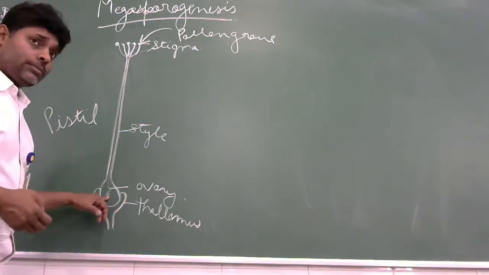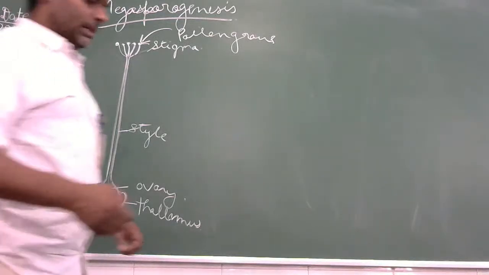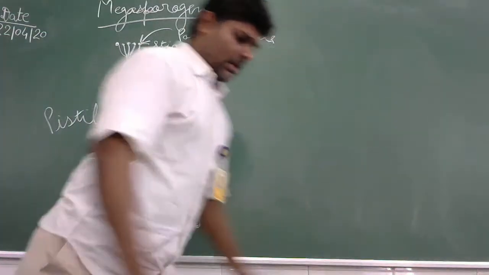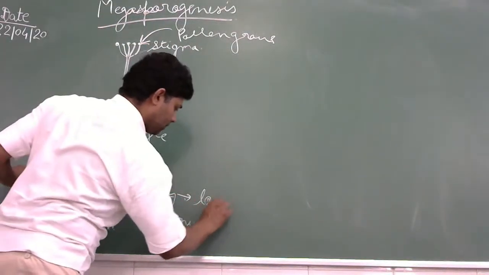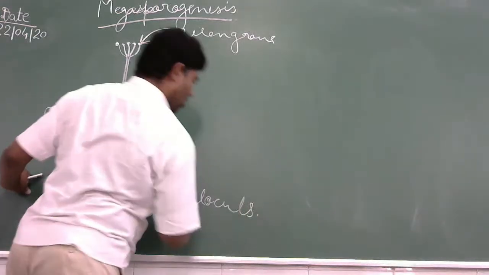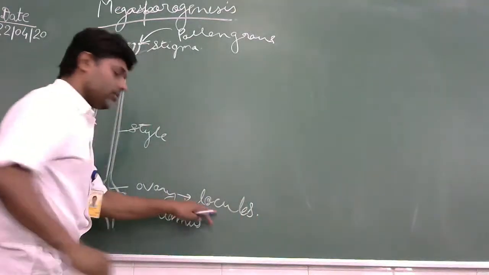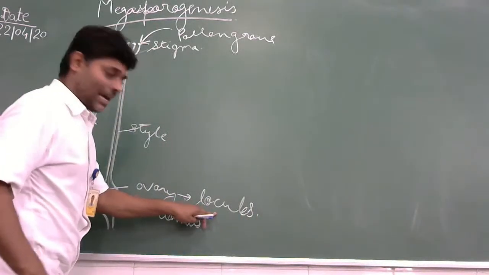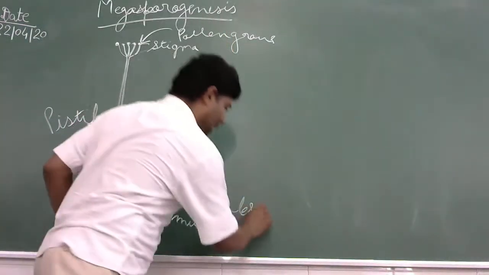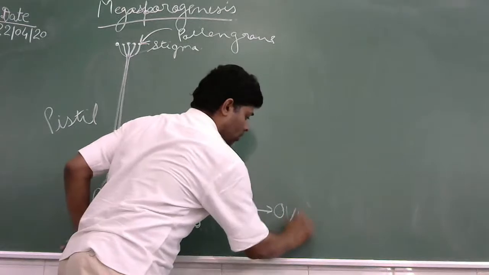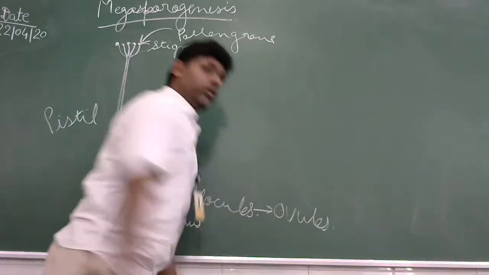This is the ovary, and the ovary has locules or ovarian cavity, right? These locules have the ovules.